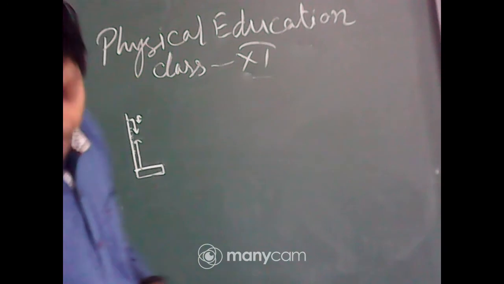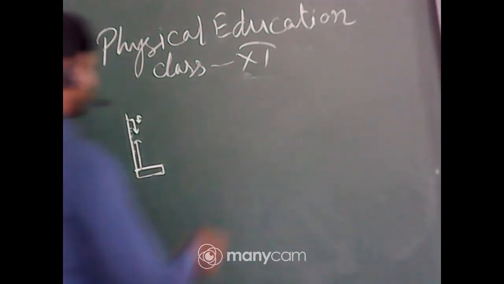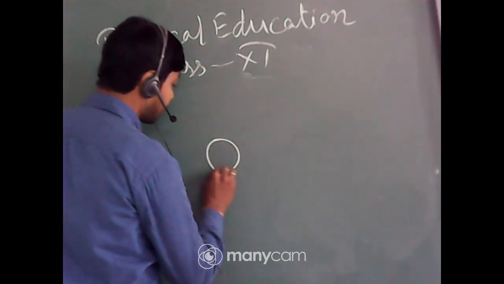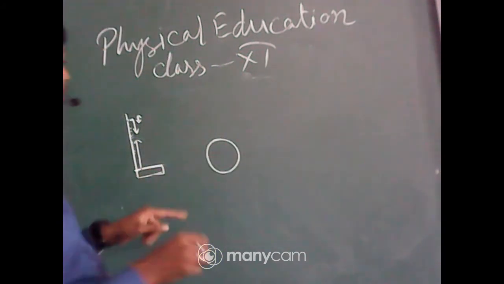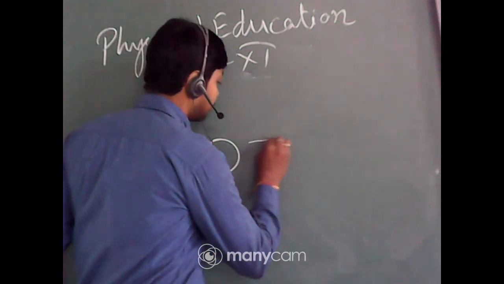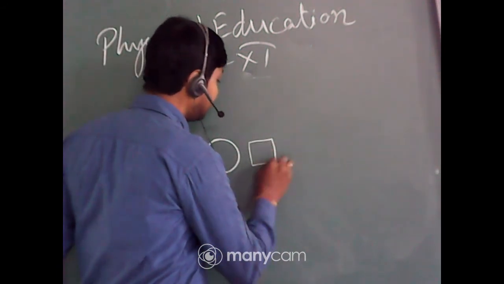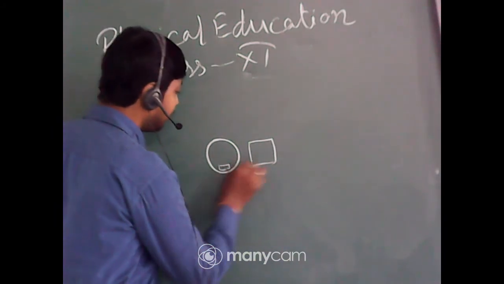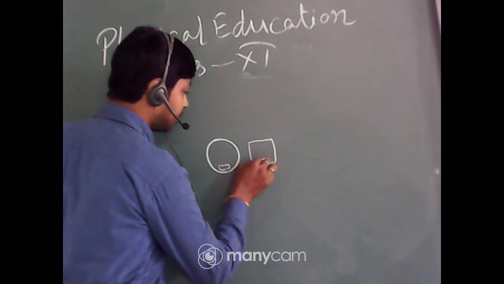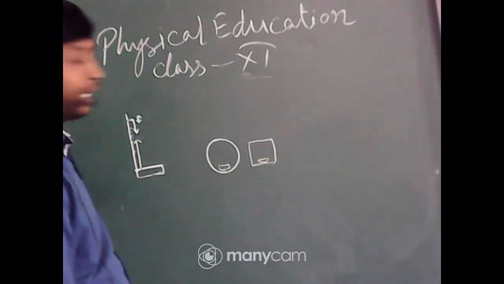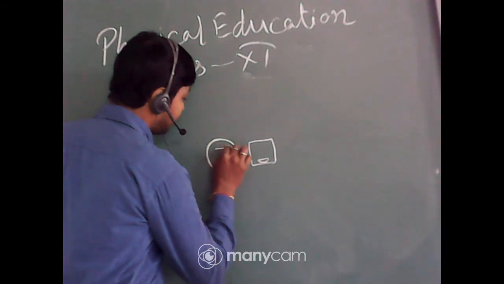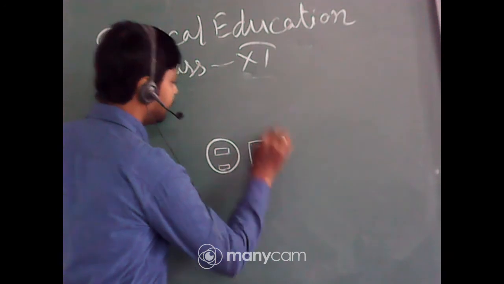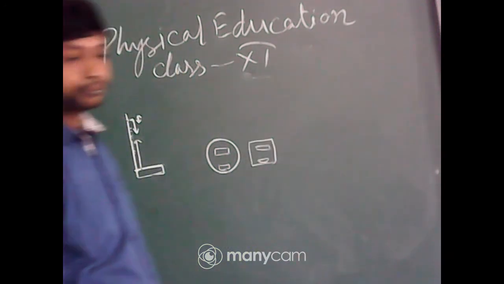Then for weight, the measuring machine looks like a circle or a square or rectangular machine, where on the front side there is a display, and on the back side there is a mark for standing.